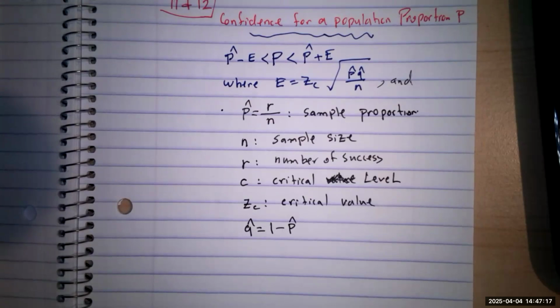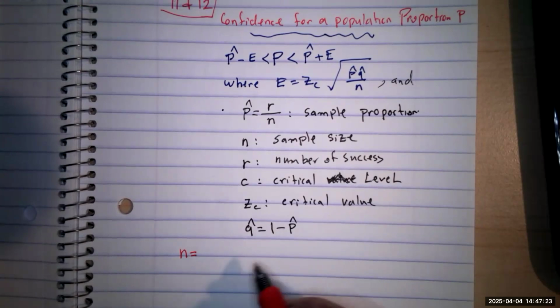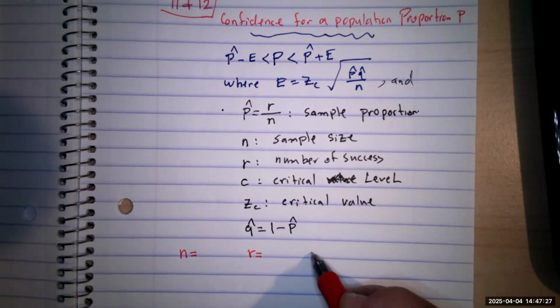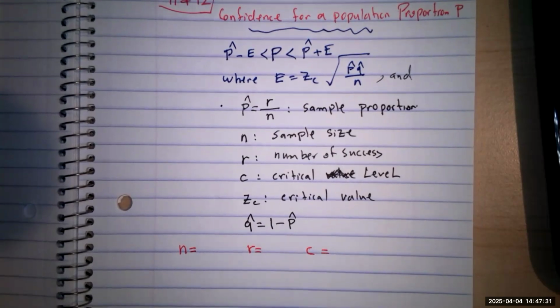Now, when the problem is given to you, they only give you 3 numbers: sample size, number of successes, and the C, the confidence level.